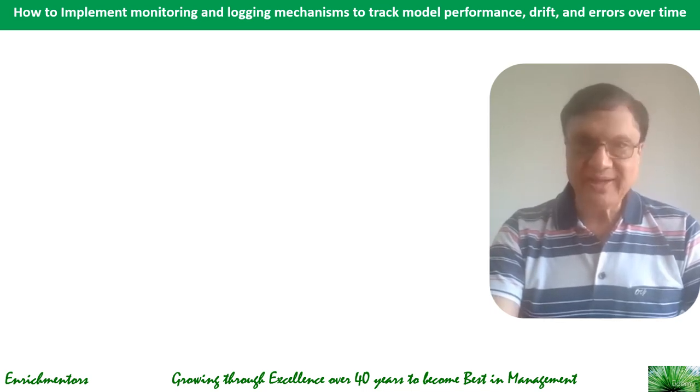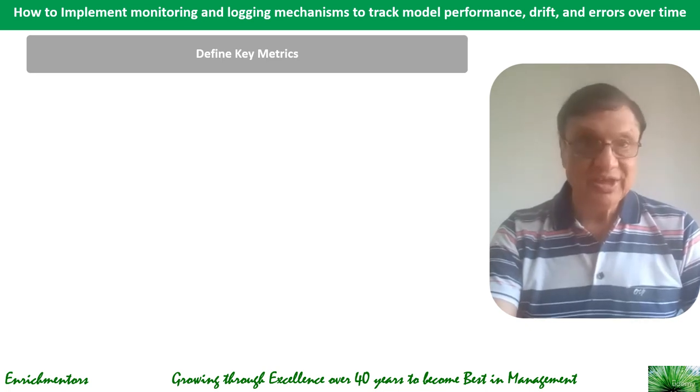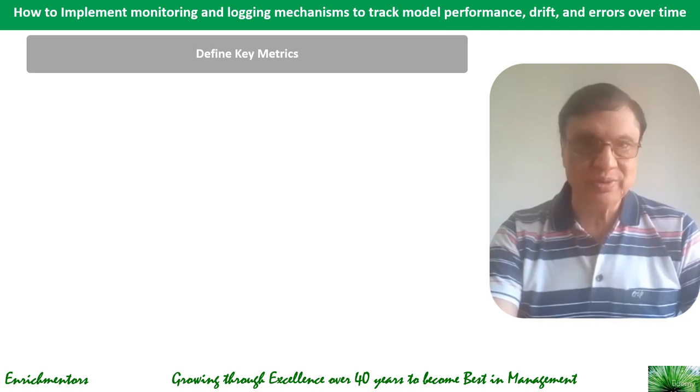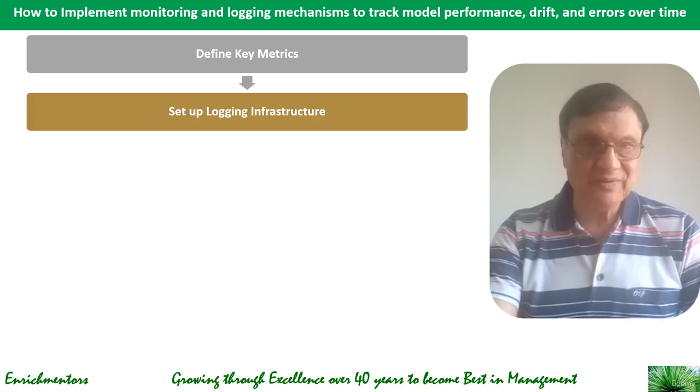So first, you need to define the metrics naturally, right? Identify the key metrics that are relevant for monitoring the performance of your model. These metrics could include accuracy, precision, recall, F1 score, mean squared error, root mean squared error, inference latency, throughput, and others as we have gone through. Then you set up a logging infrastructure.